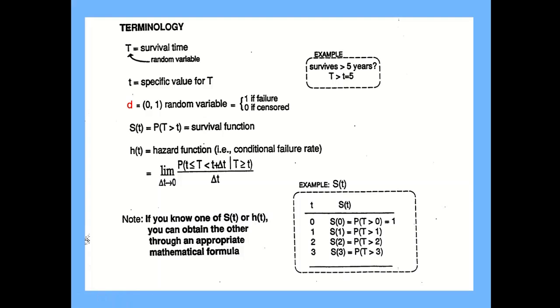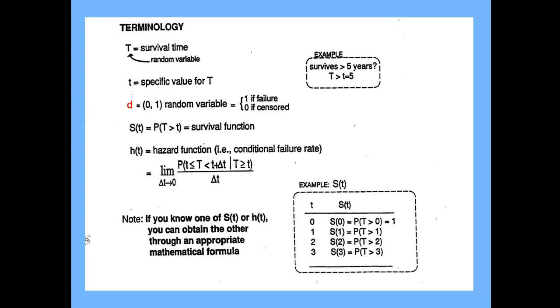Now, what's the limit doing? The limit is saying, well, we're talking about a small unit of time from a time t, and what if we get closer and closer to time t? What's the probability that somebody fails in a small time unit beyond time t per unit time as that unit gets smaller, as we get closer and closer to t?